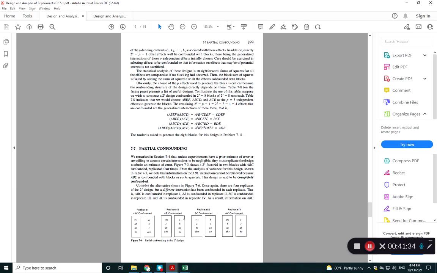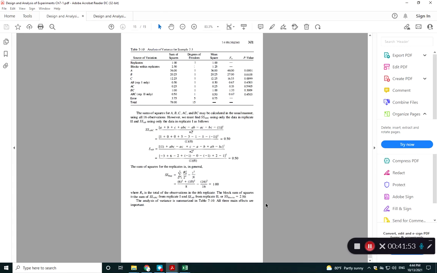That's the difference between partial confound and full confound. You guys see the difference? Yeah, this is the smart, the intelligence you would like to have, okay?